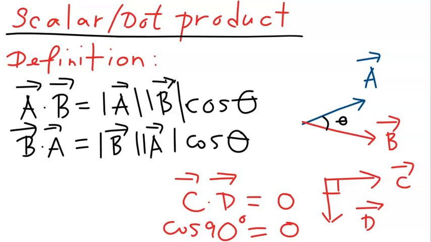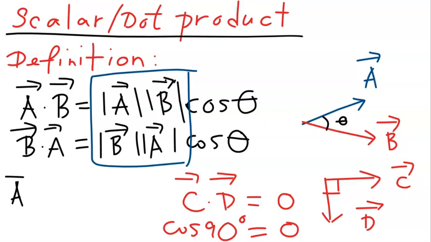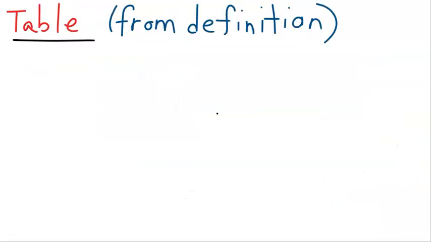So we see the right-hand side of A dot B and B dot A are the same, because these two terms are the same. Now that means A dot B equals B dot A. So the order of vectors in dot product does not matter. They commute.